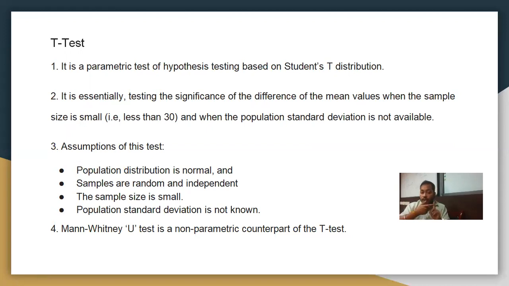First, population distribution is normal. Second, samples are random and independent. And the third, most important one, is that the sample size is small and the population standard deviation is not known. Okay, so at least write these assumptions of the t-test.